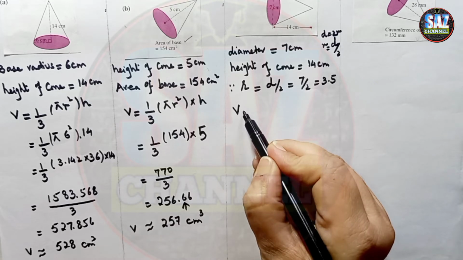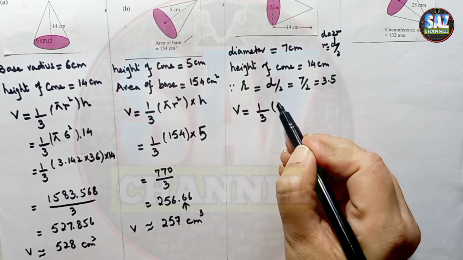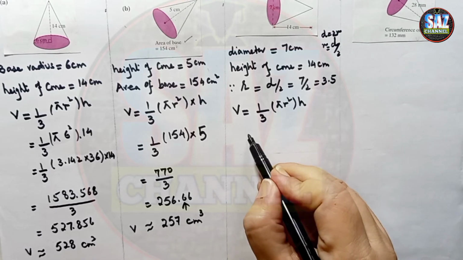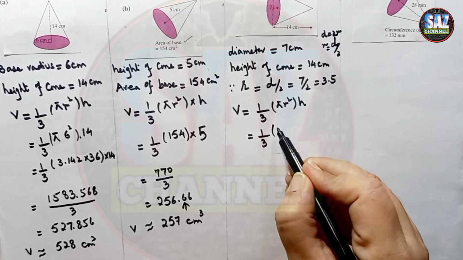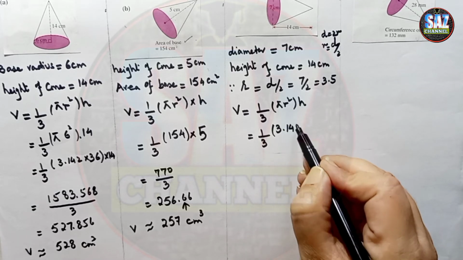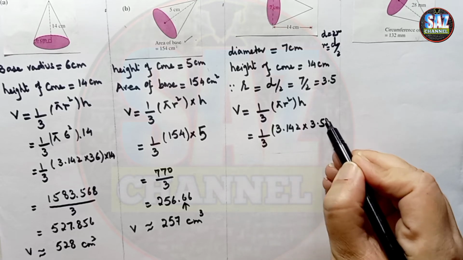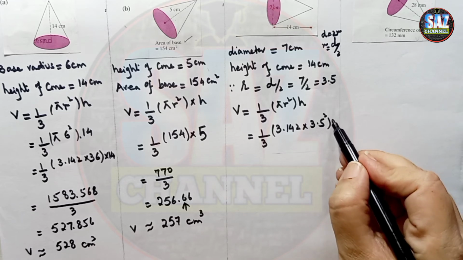Replace the values in the formula for the volume of a cone, 1 by 3 into pi r square into h. 1 by 3 into pi, which has the value 3.142, multiplied by 3.5 square into h, and the h of the question is 14.